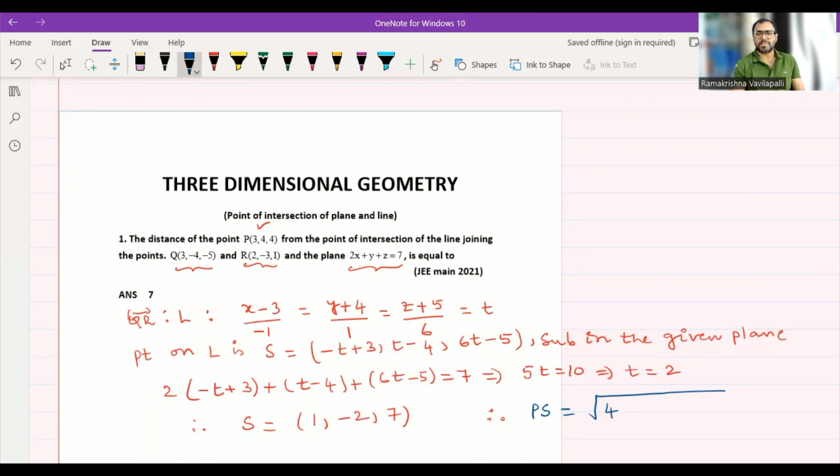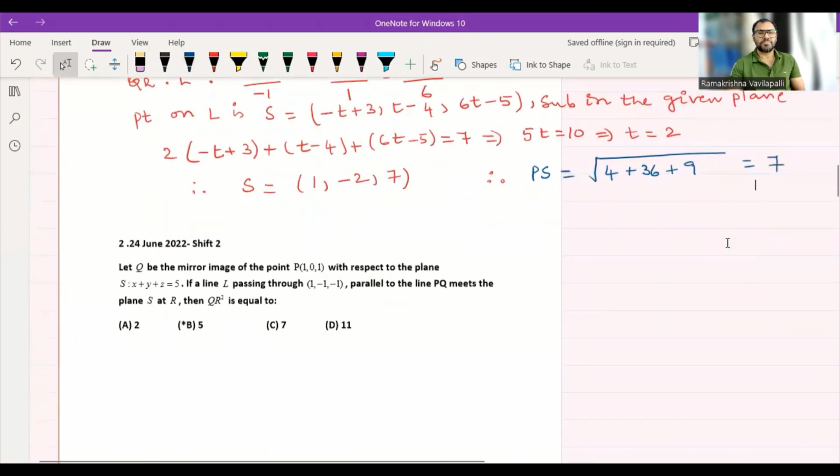Next 4 minus of minus 2, that is 6, square 36, and 4 minus 7, that is 3, 9. So this is equal to 7. So you only have to remember: take a general point on the line, substitute in the plane, and you will get the point of intersection of line and plane.